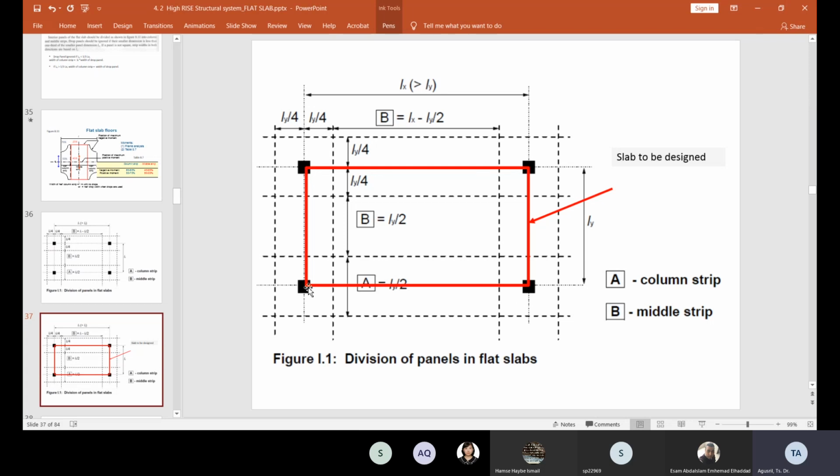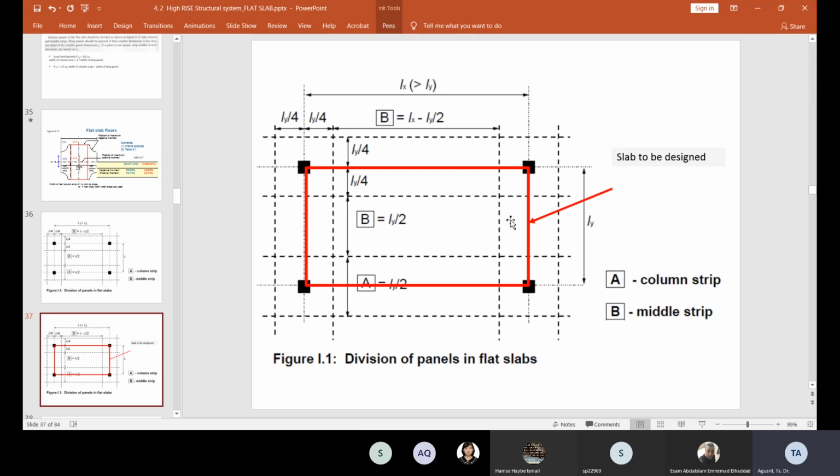We have 4 columns here, and the column span here is LX, and this one is LY. And then we have the slab here, and the slab in the red rectangle is the slab that needs to be designed.